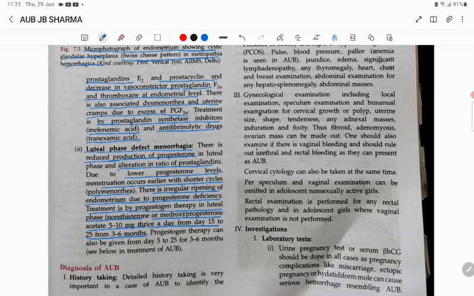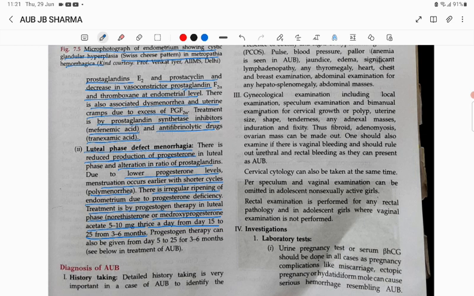Okay. In luteal phase defect, there is reduced production of progesterone in the luteal phase and alteration in the ratio of prostaglandins. Due to lower progesterone level, menstruation occurs earlier with a shorter cycle, that is polymenorrhea.